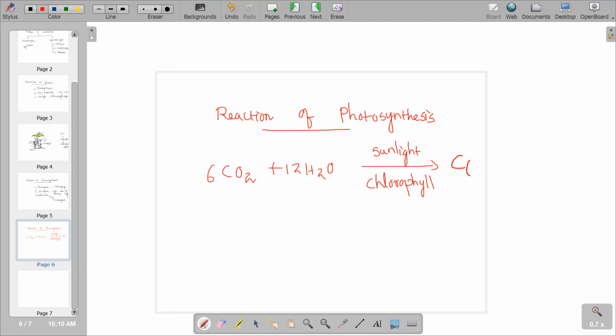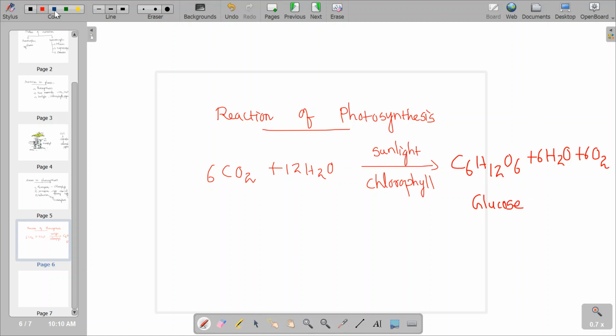So it is C6H12O6 plus 6 molecules of water plus 6 molecules of oxygen. Okay, so carbon dioxide and water are the raw materials required for photosynthesis. In the presence of sunlight and chlorophyll pigment, they are converted into glucose, water, and oxygen.